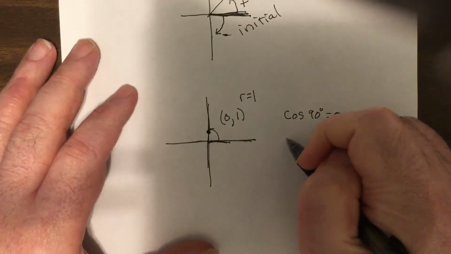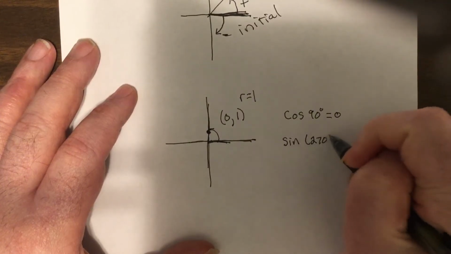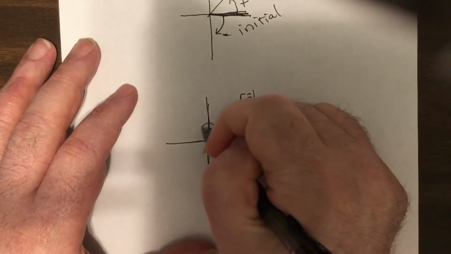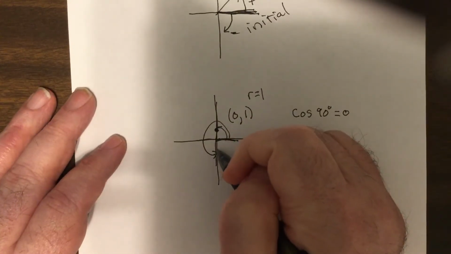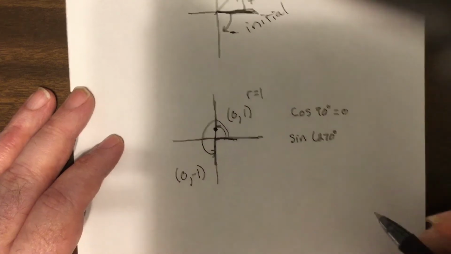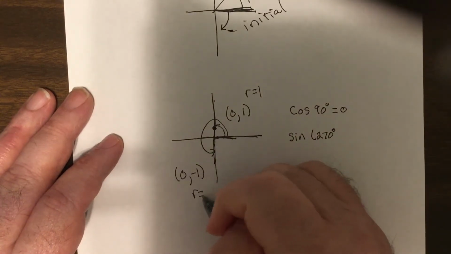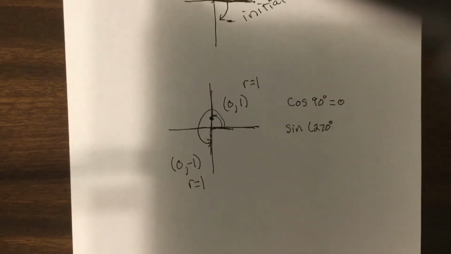If I said, what's the sine of 270? You'd say, okay, right here. Again, I want to go 1 unit, so that would be the point (0, -1). So r is 1. r is always positive. You can't have a negative distance.